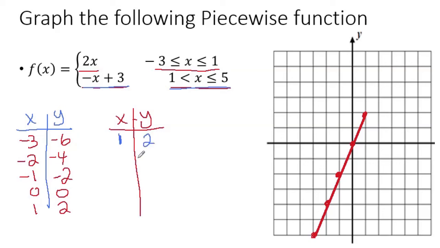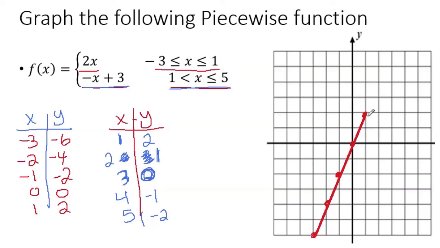So I'm going to put 1, 2, then 2, 1, then 3, 0, and then 4, -1, and 5, -2. And these are the points that I'm going to graph.